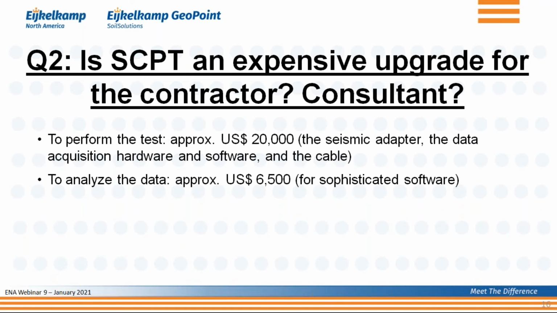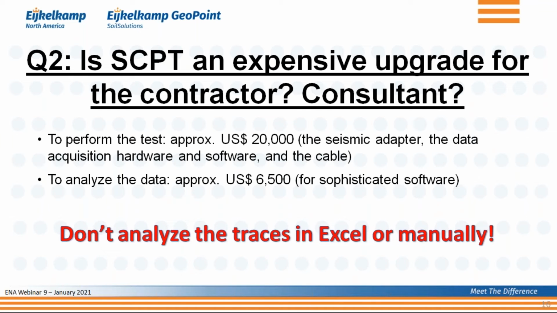Having said that, there are still a lot of people that analyze the seismic traces in Excel or do it manually. Now, if you can plot the traces, you could try to pick the first arrivals and do it by hand. We don't recommend that. There are all kinds of issues with that, and maybe at some point we'll talk about how that analysis is done. But this is roughly the cost that you're talking about for both the contractor to perform the test and for the consultant to analyze the test.